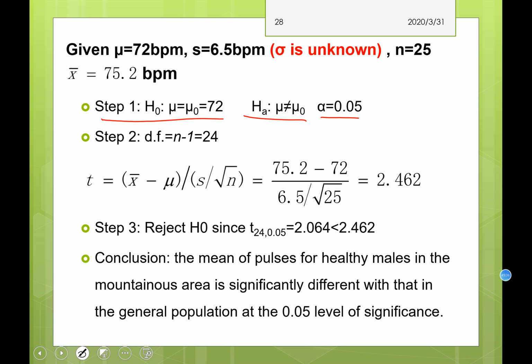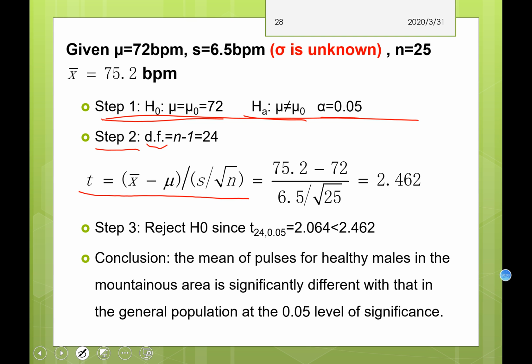So we can find that in all one sample hypothesis tests, no matter z-test or t-test, they have the same step 1. And in step 2, first let's calculate the df, nu equals n minus 1, that is 24 in this question.